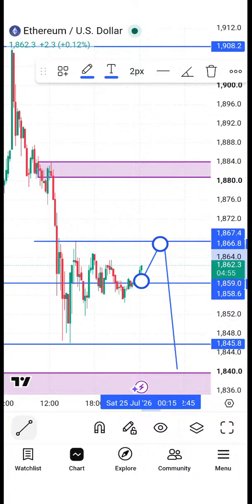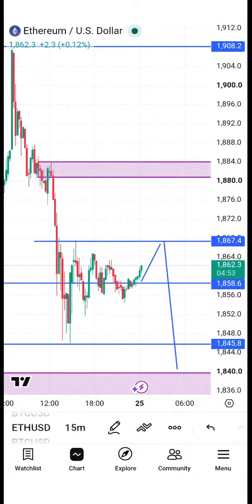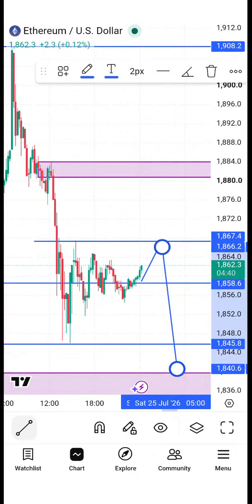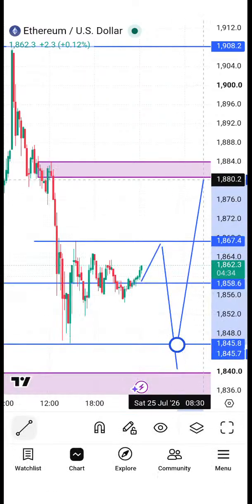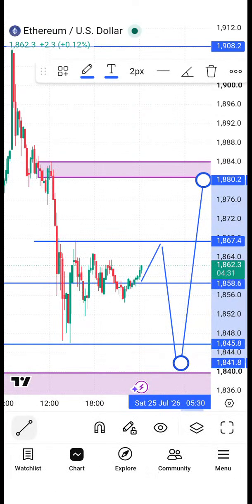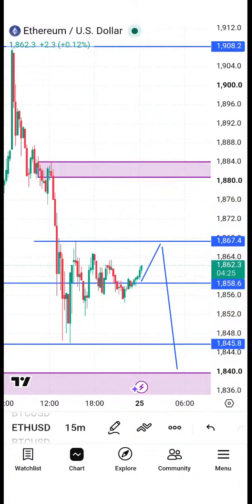Price can just do like this before it goes up, can come here, and then from there push up.